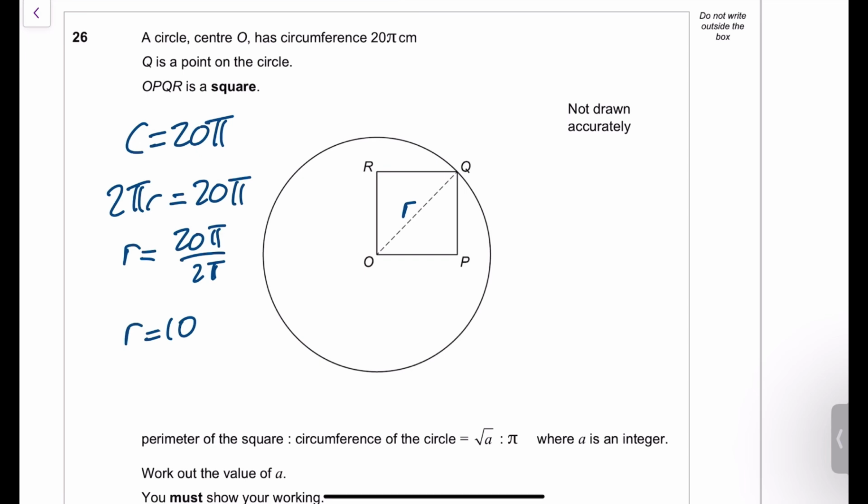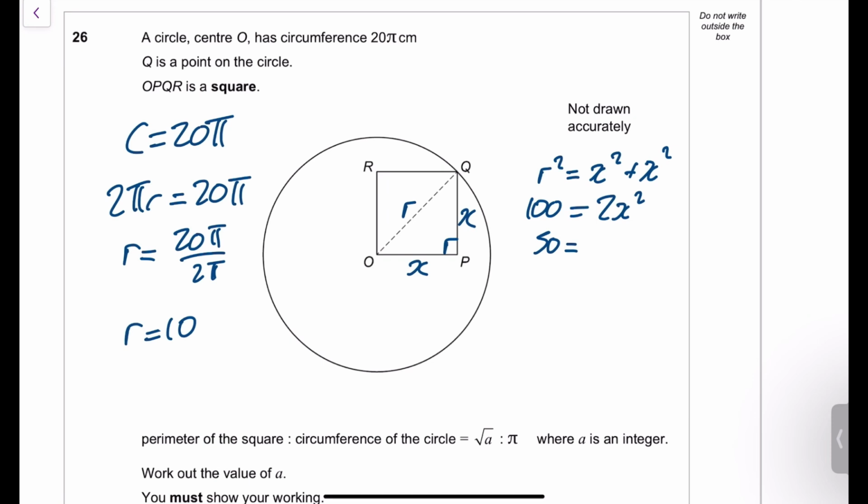Now, I'm going to work out this length and this length because I need to find the perimeter of this square. So it's Pythagoras now. r squared equals x squared plus x squared. So the right hand side is 2x squared, and r squared is 10 squared, so it's 100.